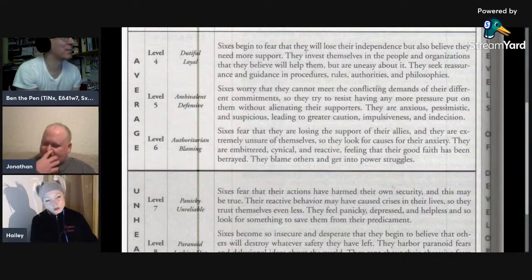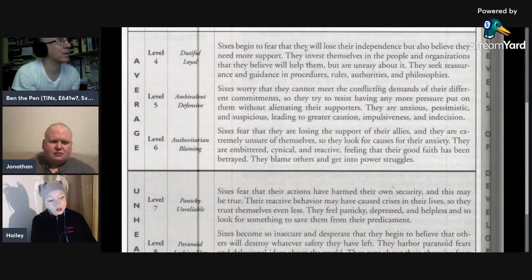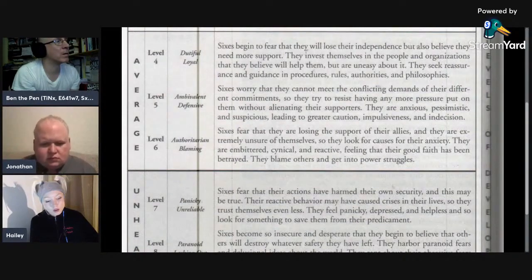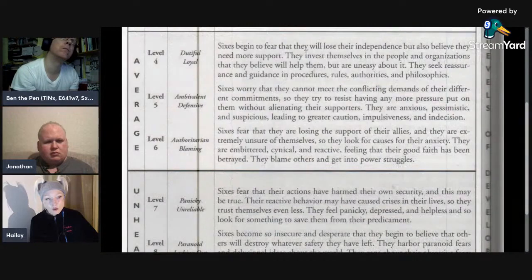Anyway, overall, Jonathan, you said something earlier that I really related to, and I know that's not the be all end all between the 4 and the 6, but you said the 5-wing-4 is more independent. When things go wrong, they still won't turn to people for help, but the 5-wing-6 will, more on average. And if that were the deciding bit, I would be 5-wing-4.